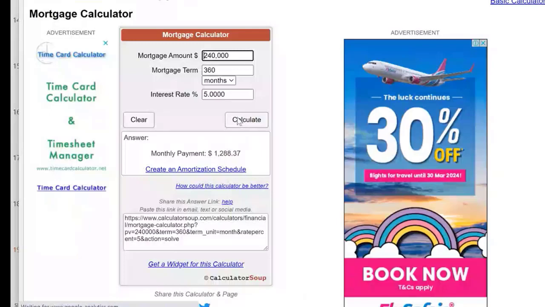What is important for us is we need to enter the correct amount. Let's say this was compounding quarterly. Maybe you've got a 20-year mortgage, which is compounding quarterly.